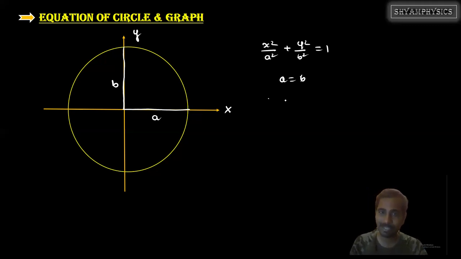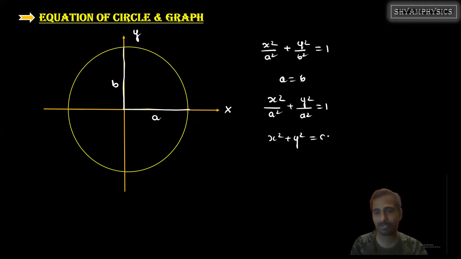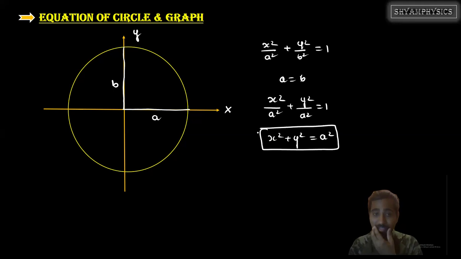Then it becomes x square by a square plus y square by a square equals 1. We can take a square common and send it to the right-hand side. So the answer becomes x square plus y square equals a square. This is the equation of a circle. Hope it is clear.